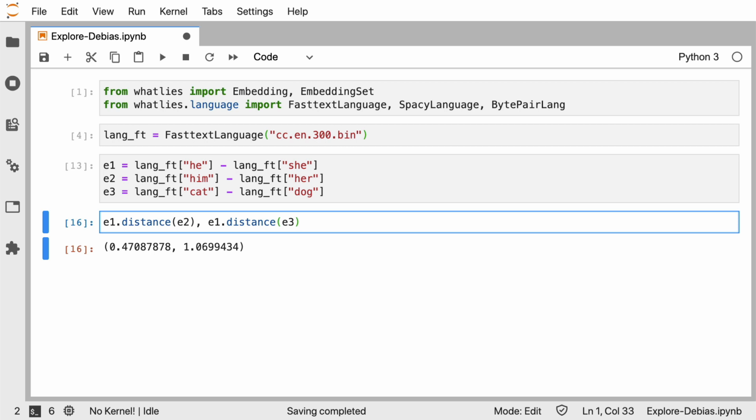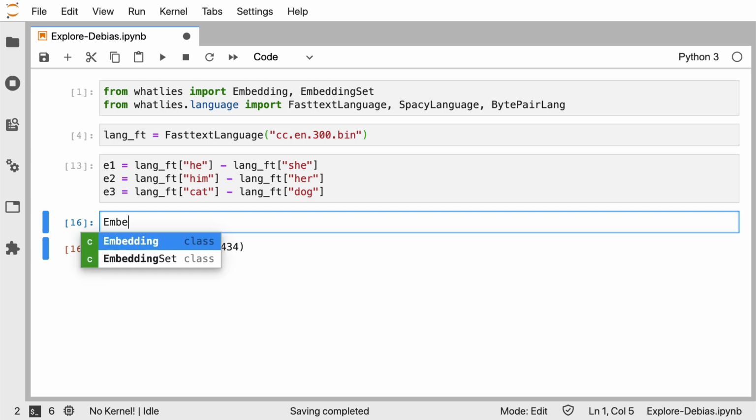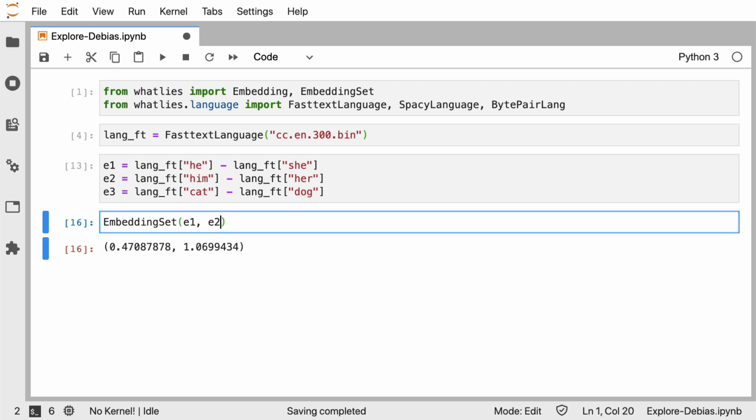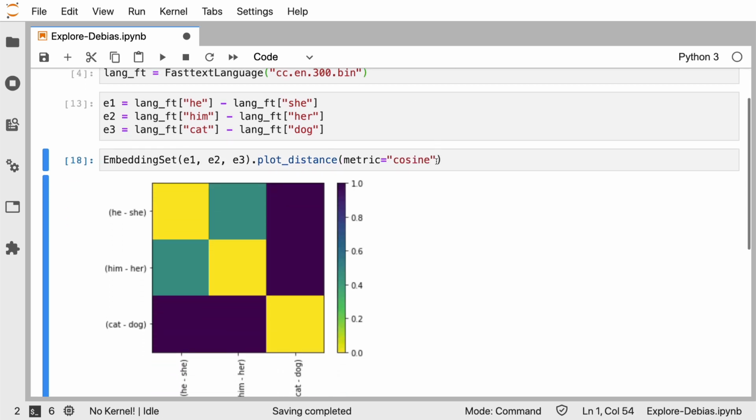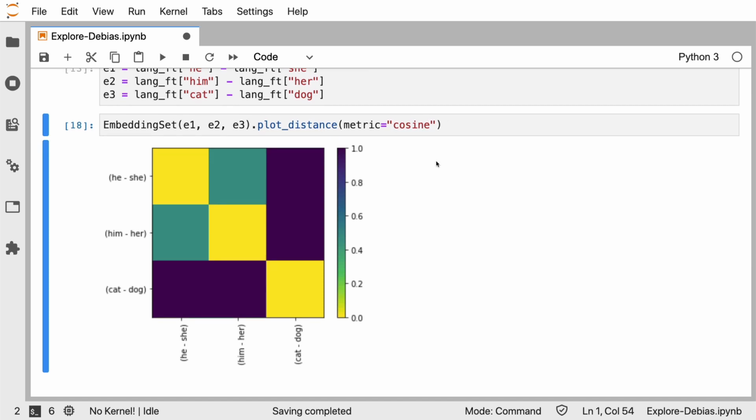So these numbers are nice, but I think it's going to be more informative to make a proper plot. So what I'm going to do is put these embeddings into an embedding set, and that allows me to just say, hey, I want to plot the distance. And let's use the cosine distance as my main metric. And this gives us this distance matrix, which is just slightly easier to reason about.